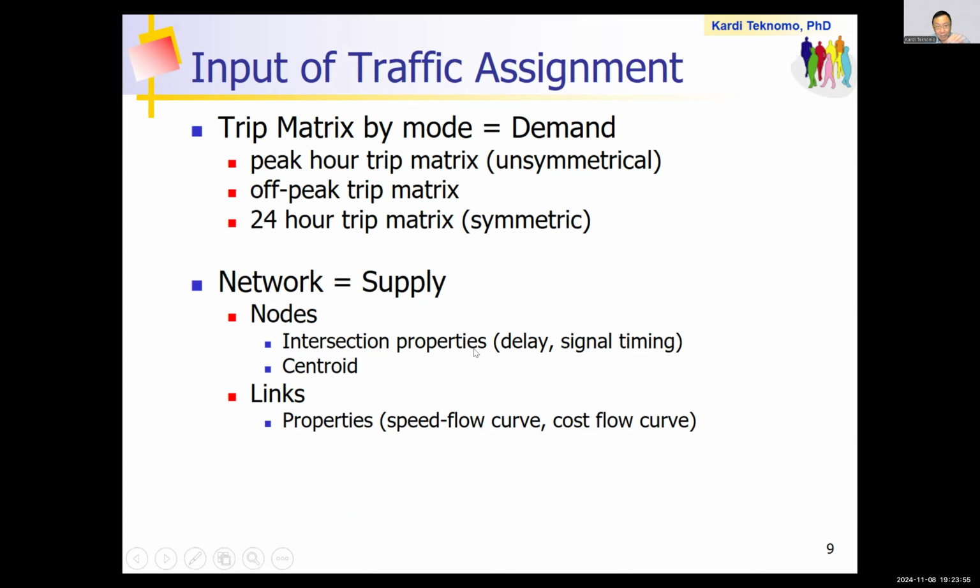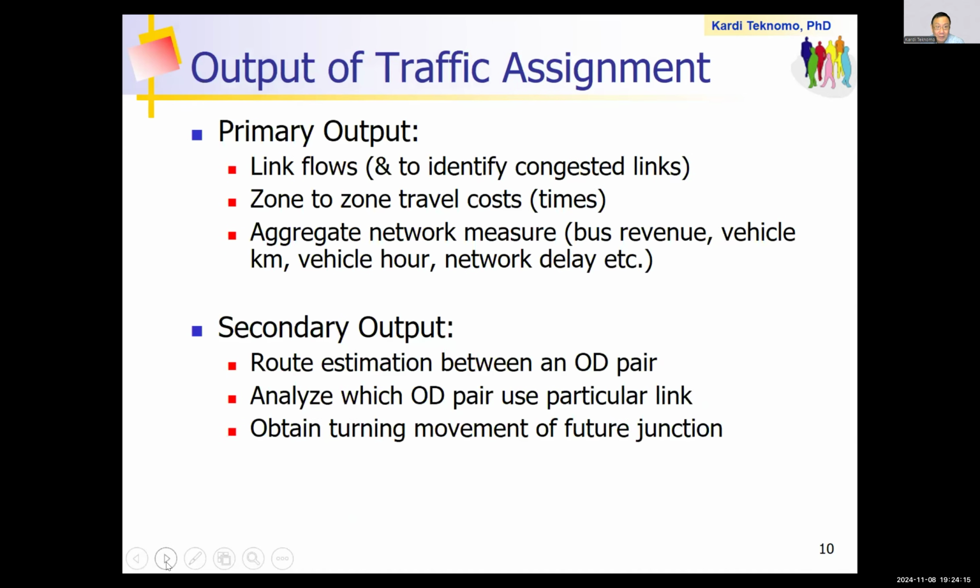The node can be the intersection, and can be the centroid where you generate or attract that demand. In the links, you will have many properties, for example, the speed flow curve, the cost flow, and so on. These are quite complex.